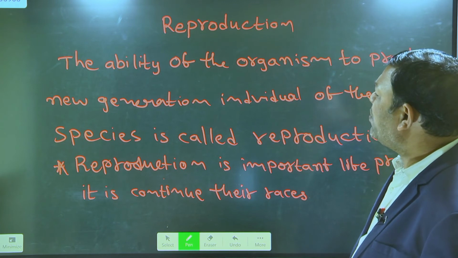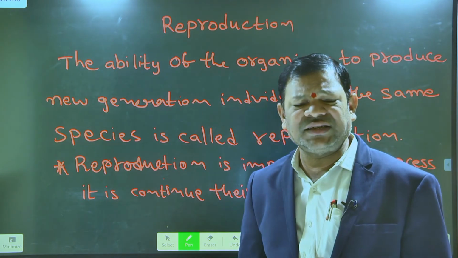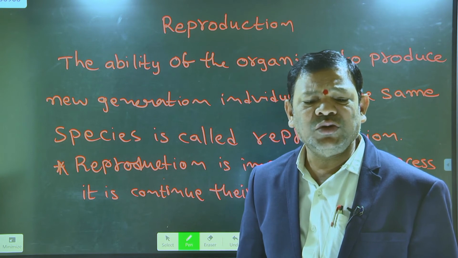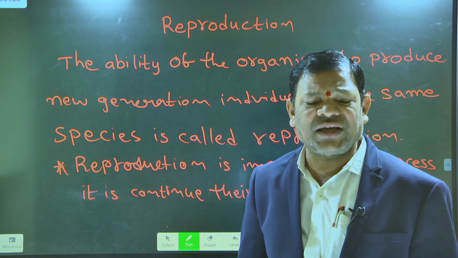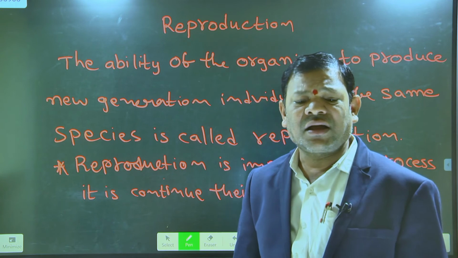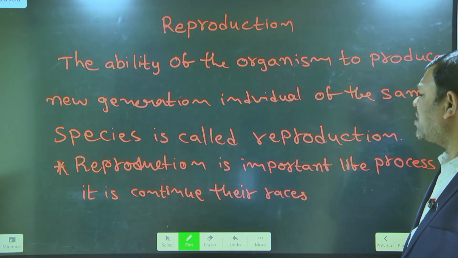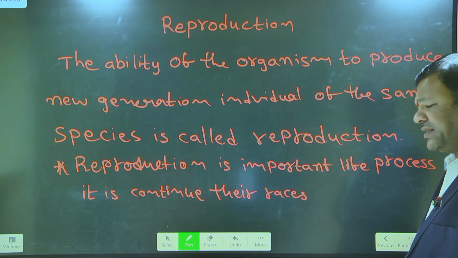Next, reproduction. Reproduction means the ability of the organism to produce a new generation of individuals of the same species. Reproduction is an important life process because it continues their races. Why?